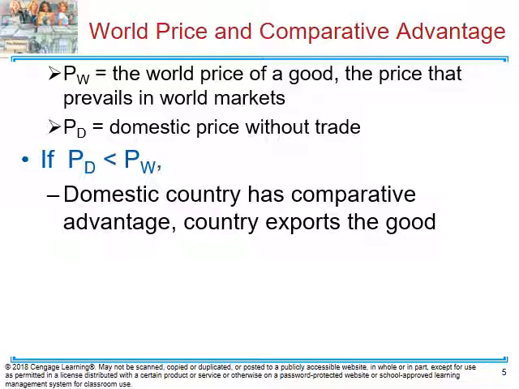So because the domestic price is lower than the world price, the country would actually export that good. So the country will export jackets to the rest of the world.